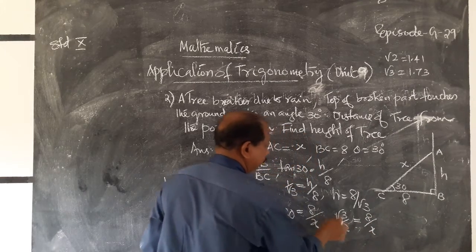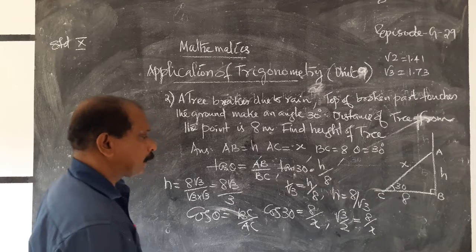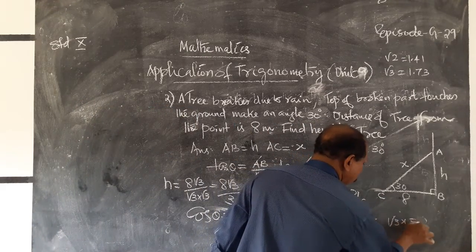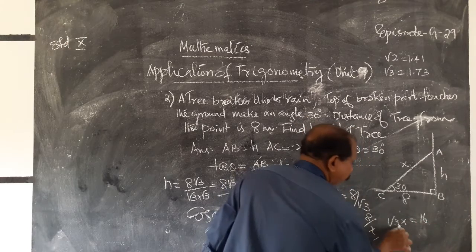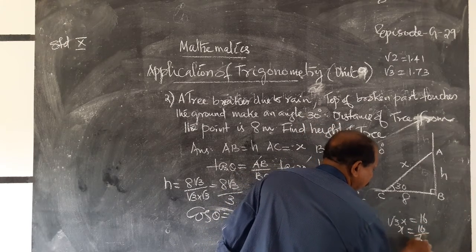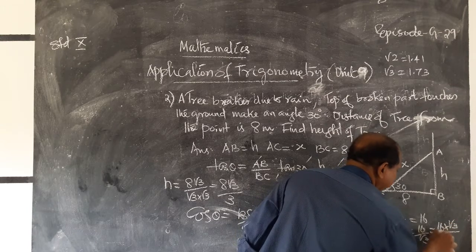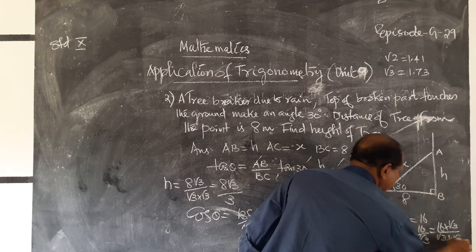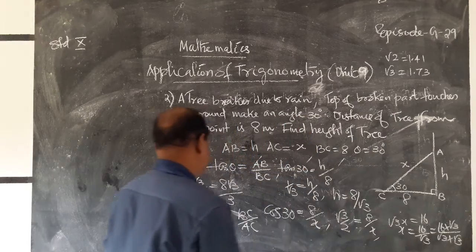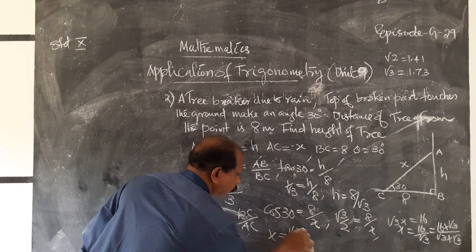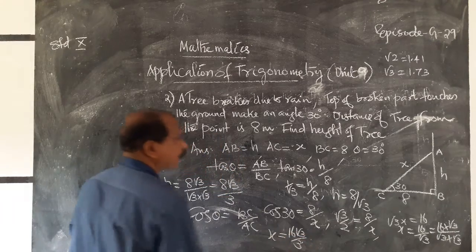Cross multiplication: 8 root 3x is equal to 16. Therefore, x is equal to 16 by root 3. It is 16 into root 3 by root 3 into root 3. Therefore, x is equal to 16 root 3 by 3.